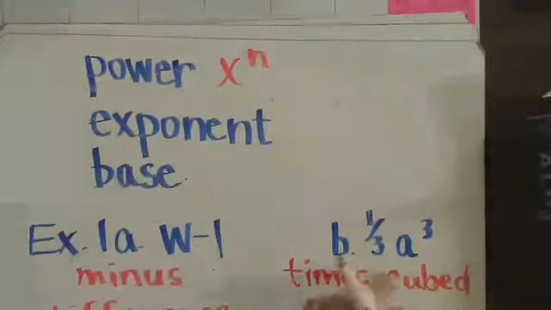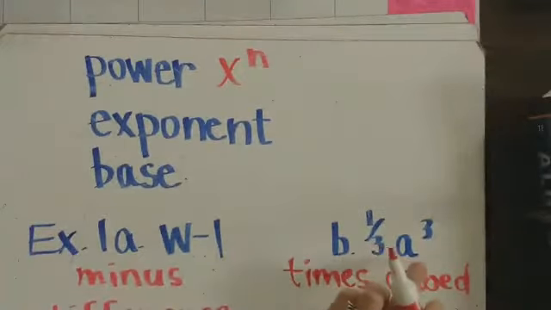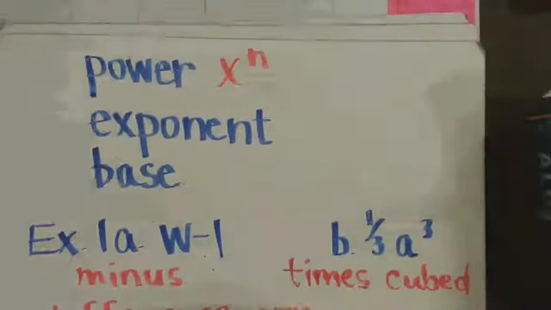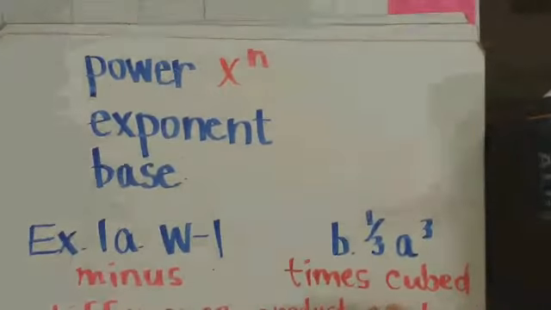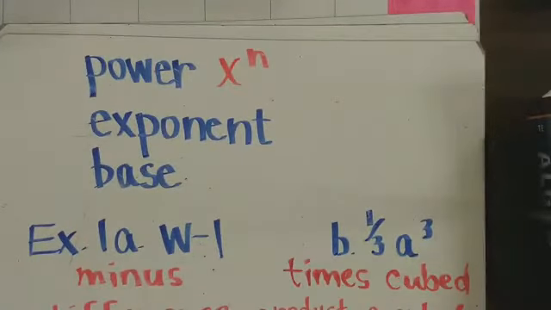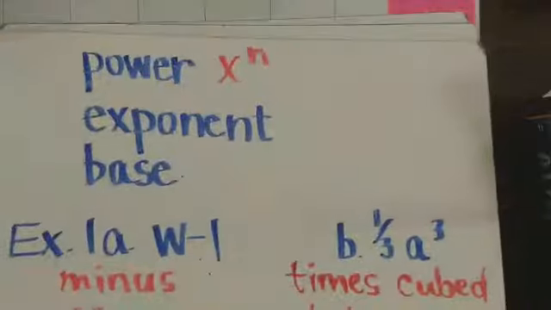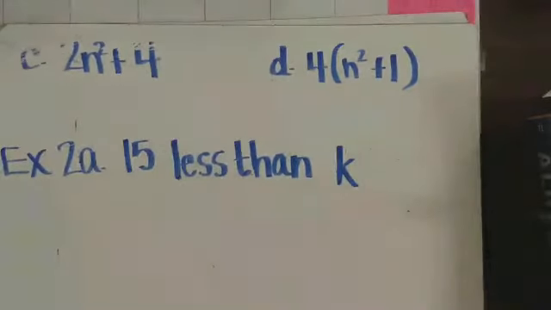When we have a multiplication problem, we find the product of 1/3 and a cubed. Now I'd like for you to try part C and see what you can come up with. Pause the video and then come back and check your answer.